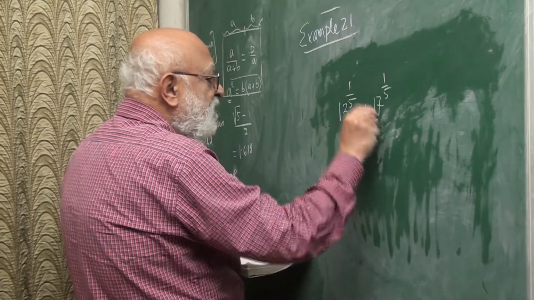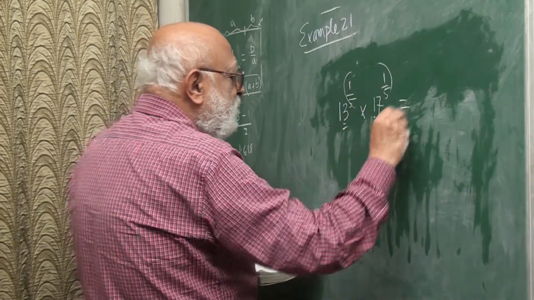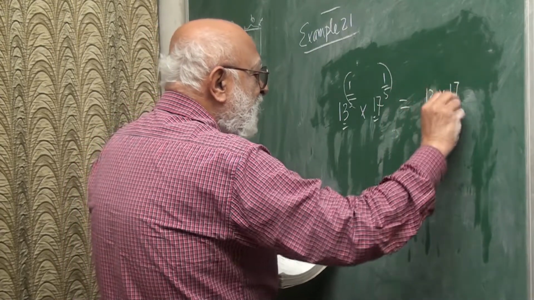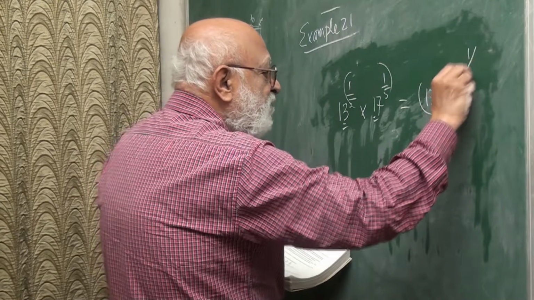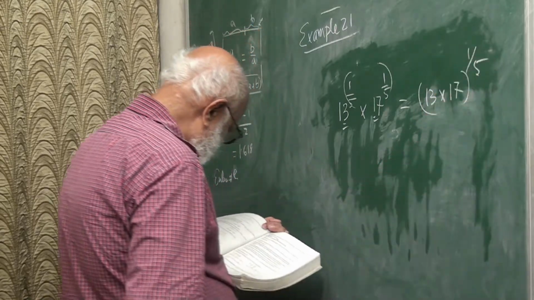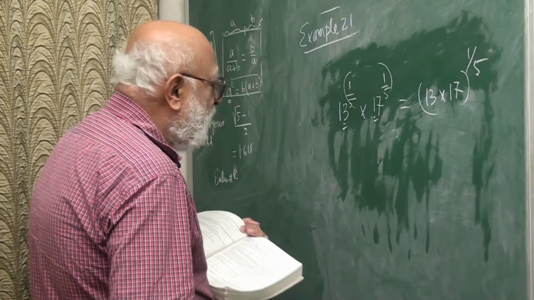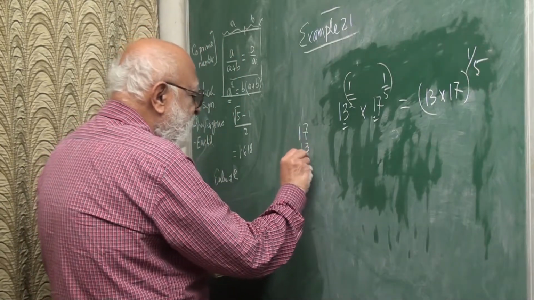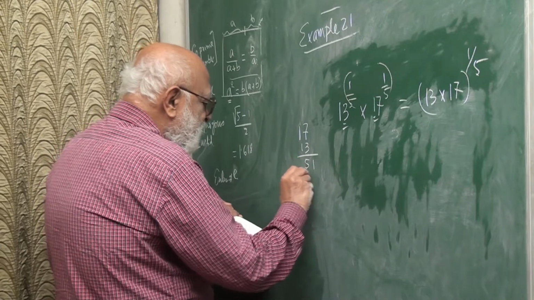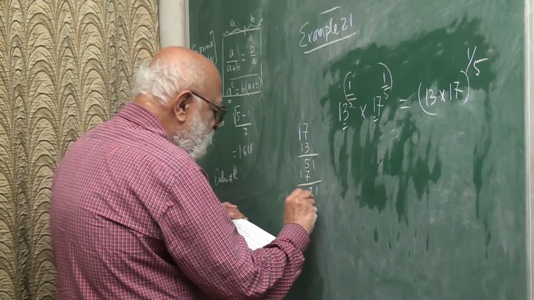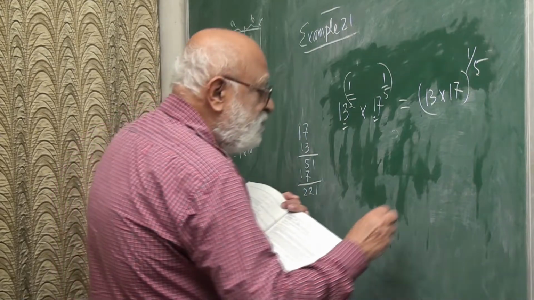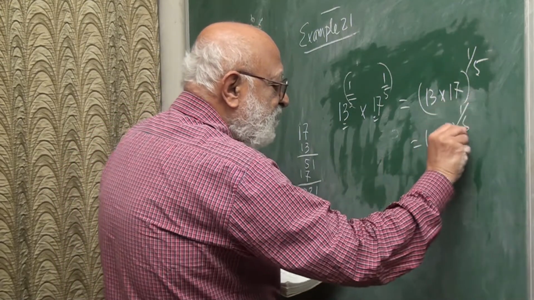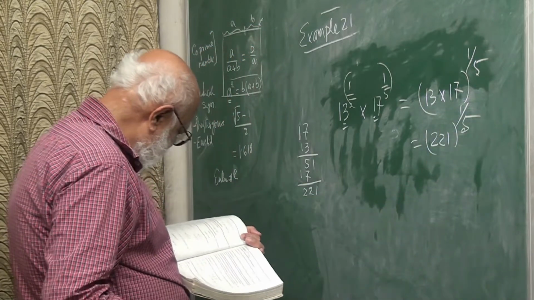Base is different, but power is the same. So what we do? We multiply 13 into 17 and raise to the power 1 by 5. Right? What is 13 into 17? This is 221, so 221 to the power 1 by 5. Okay, that completes the example.